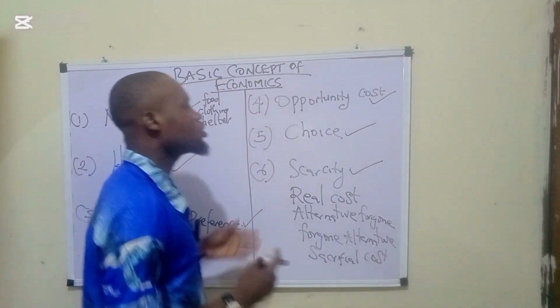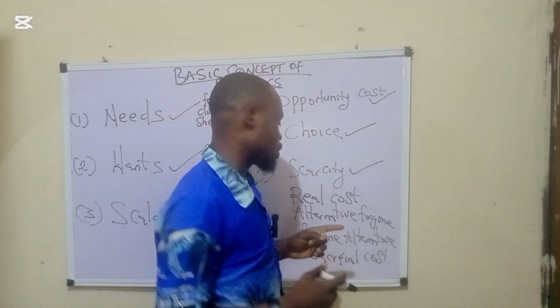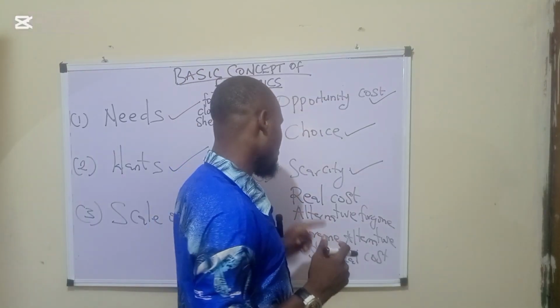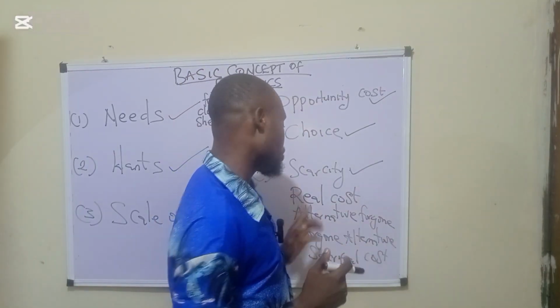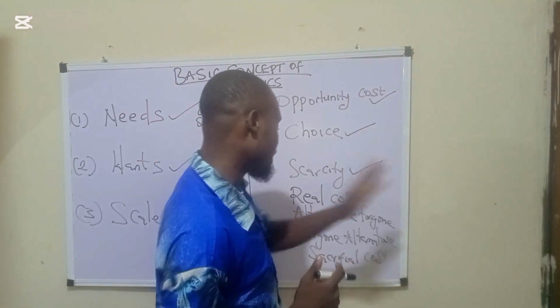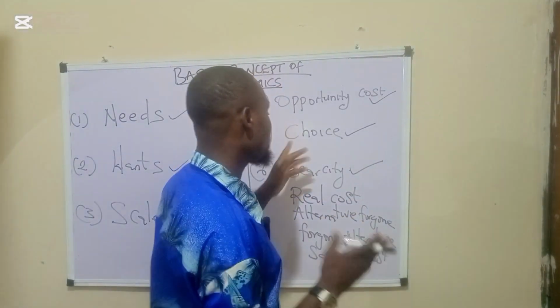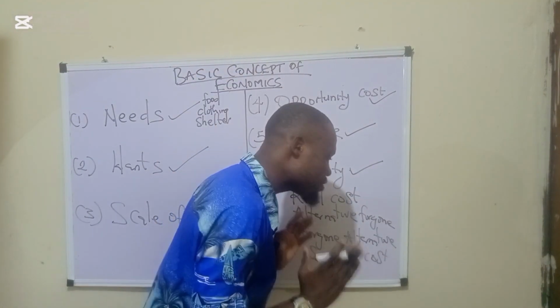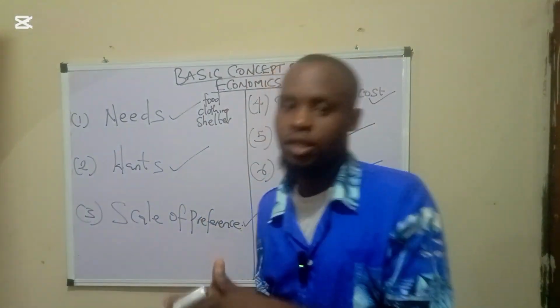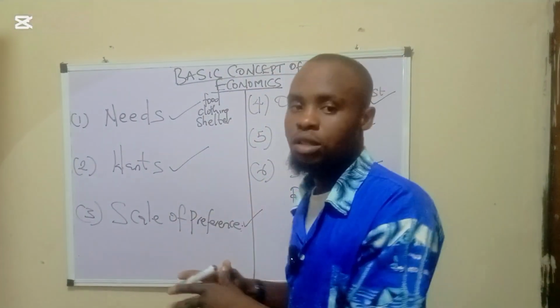So opportunity cost is also called real cost, alternative foregone, foregone alternative, and sacrificial cost.